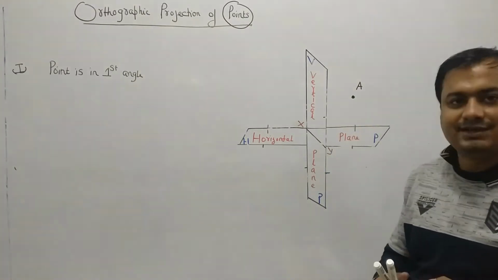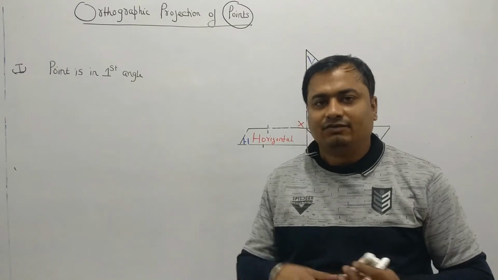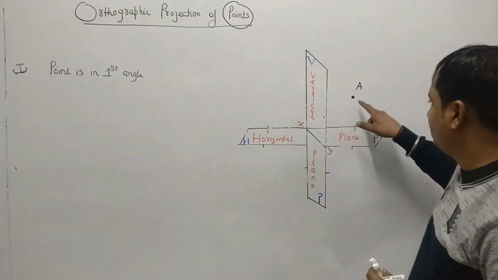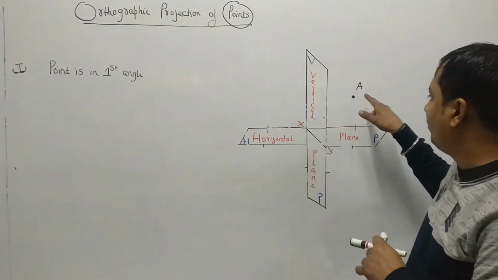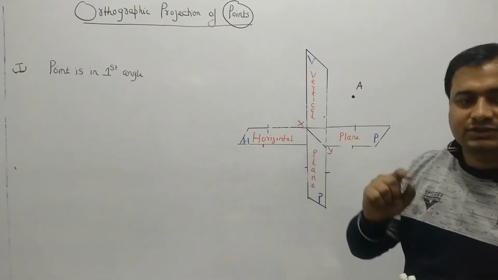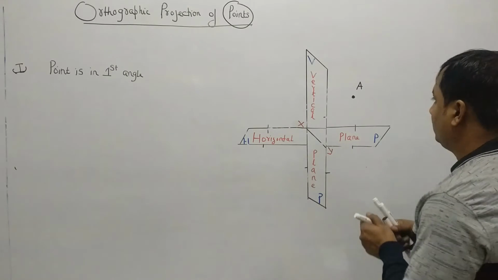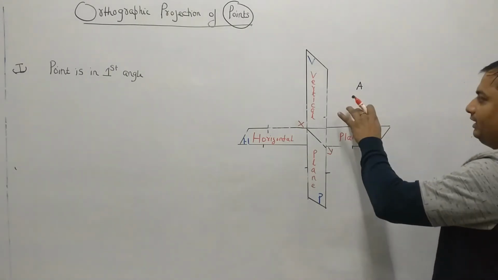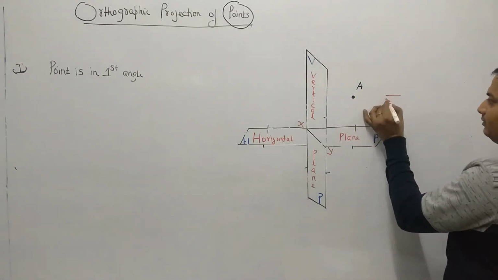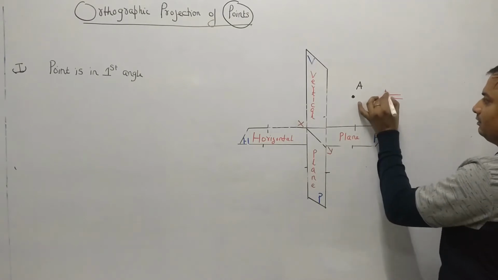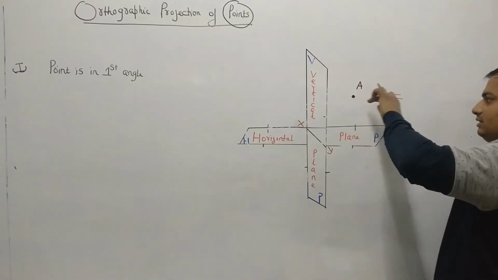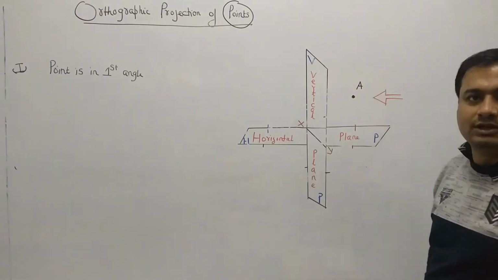So what are the three basic requirements as I have told you? The first is the object, this is my object. Name of my point is A. Second is the observer. So where will be the location of the observer? To see the front view of this point, the observer will be lying here. Then only the projectors are going to fall perpendicular on the plane.